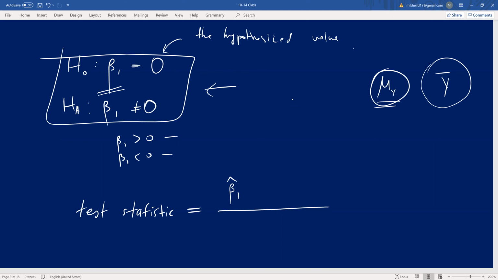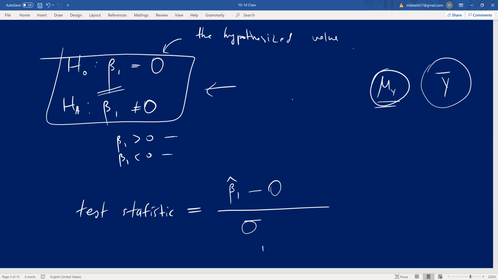We are testing the hypothesis about beta 1. So you will be using a corresponding statistic from your sample. The corresponding statistic from our sample corresponding to beta 1 would be what? Beta 1 hat that we already calculated above. You subtract from beta 1 hat the hypothesized value, which is 0, because we hypothesized that the true beta 1 is 0, and then you divide it by what?